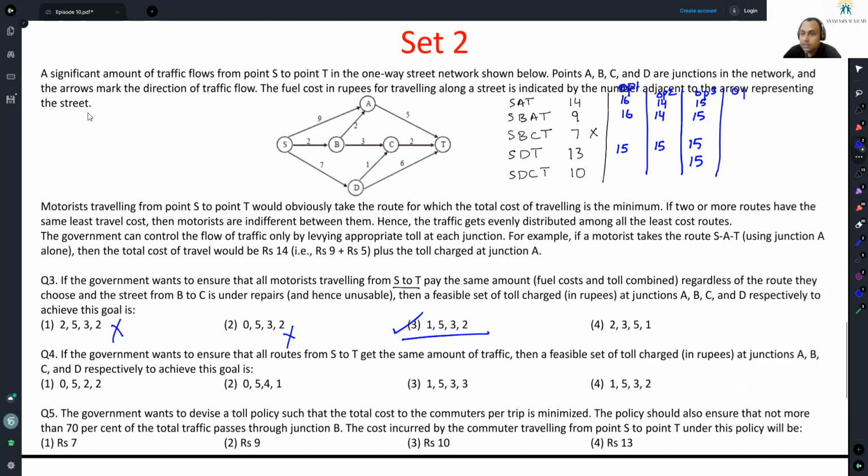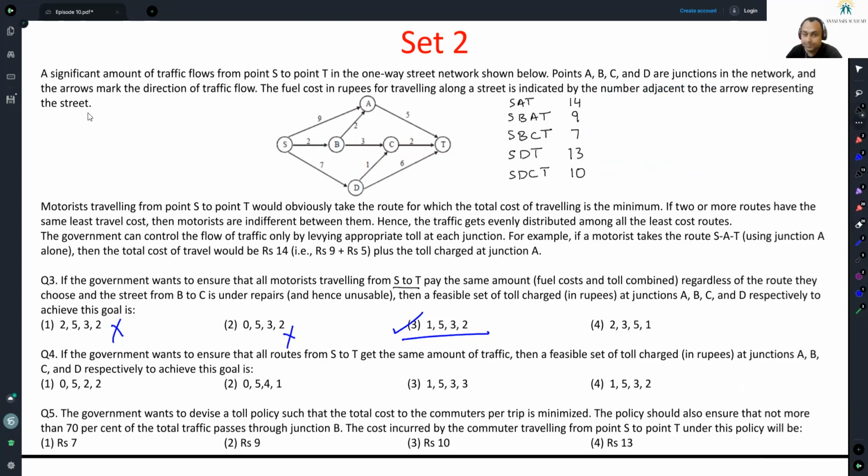Let us look at the last option, option 4. Peace of mind is extremely important. So 16, 235. So 14 gone. First two are not giving me the same charges. So answer has to be option 3. Let me get rid of everything then.